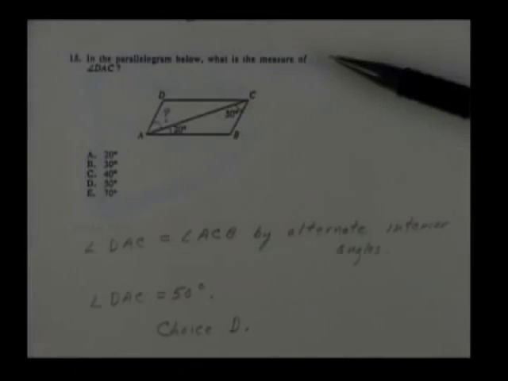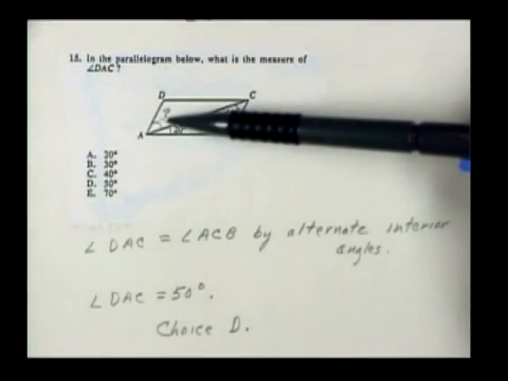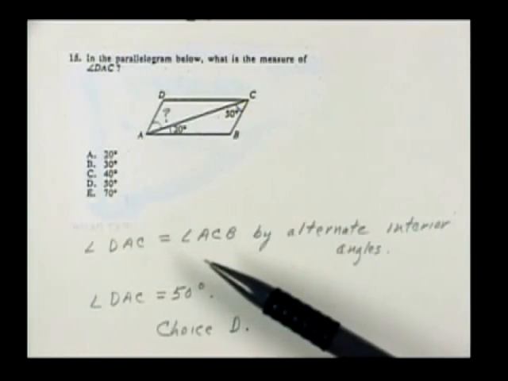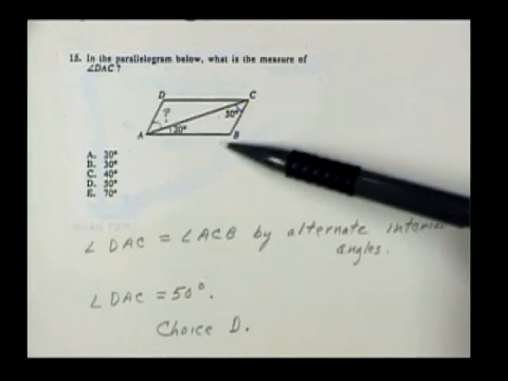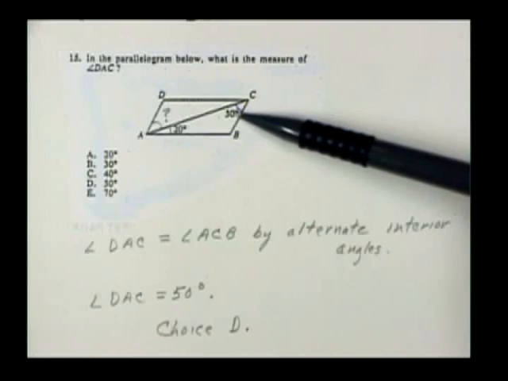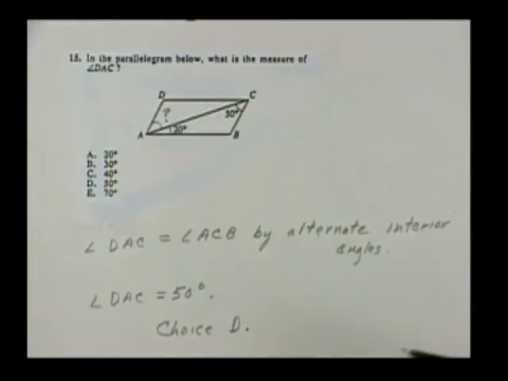In the parallelogram below, what is the measure of angle DAC? That would be this angle here. Angle DAC is equal to angle ACB, which would be this angle here, by alternate interior angles. Because this angle is 50 degrees, therefore angle DAC must be 50 degrees.